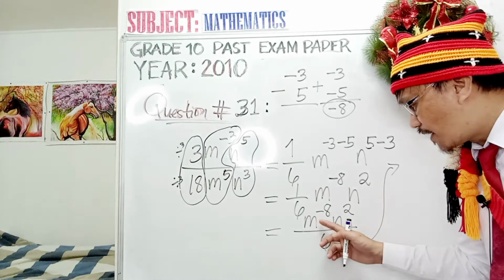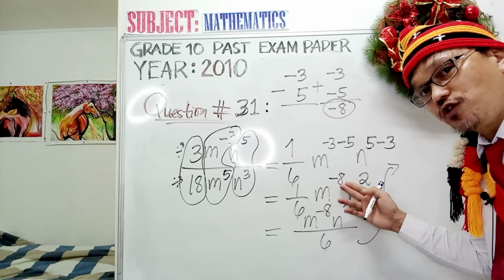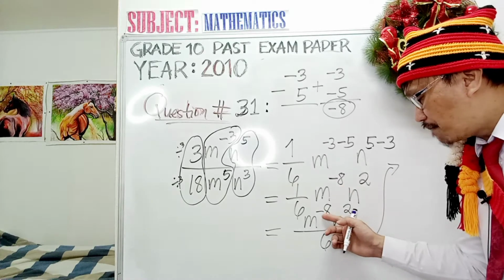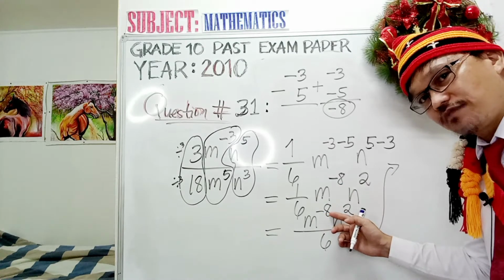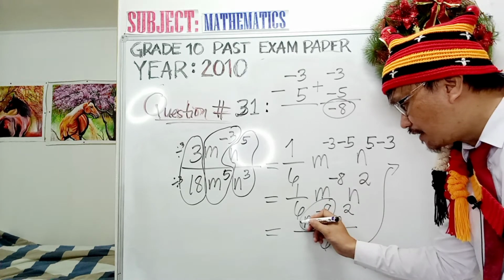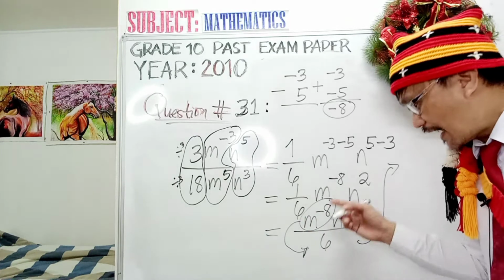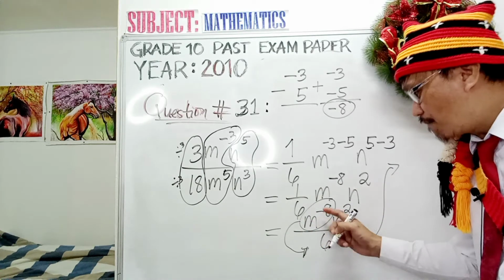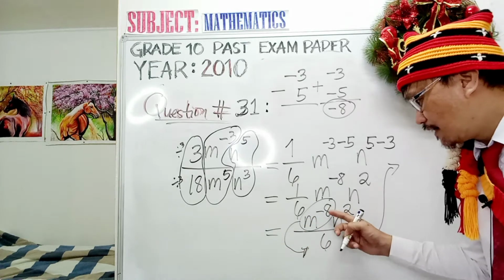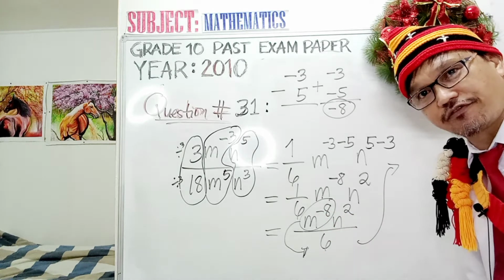So when m to the power of negative 8 is found in the numerator, to make the power into positive 8, you just have to bring m to the power of negative 8 from the numerator to the denominator. And then, when you move it from numerator to the denominator, the sign of the index becomes positive.